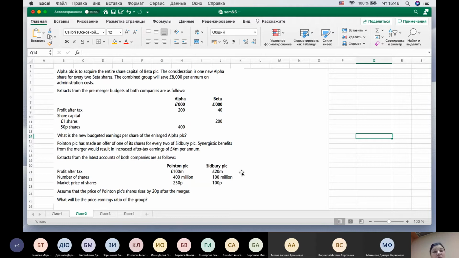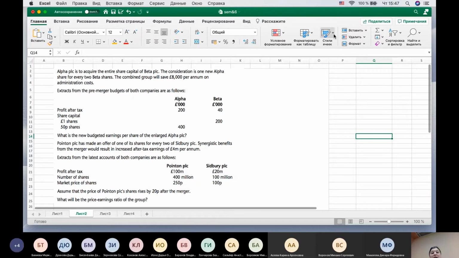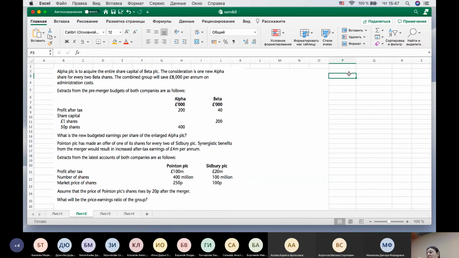The combined group will save £8,000 per annum on administration costs. Extracts from the pre-merger budgets of both companies are as follows, Alpha, Beta. And the question: what is the new budgeted earnings per share of the enlarged Alpha company?